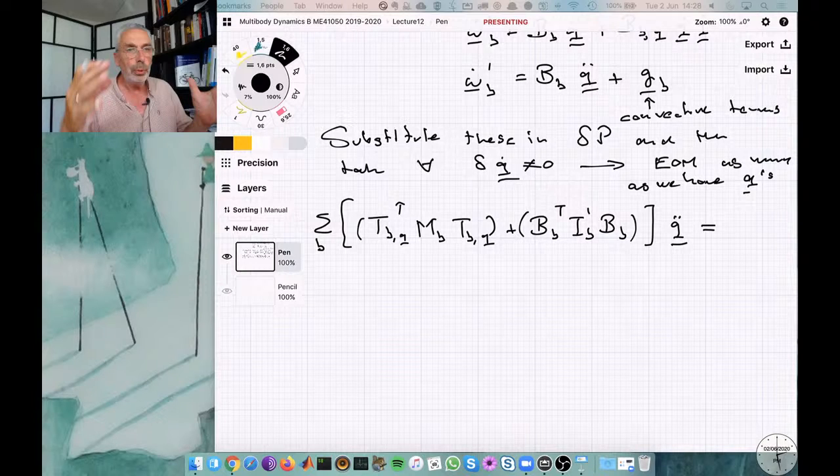And then of course we get a right hand side which becomes pretty complex. Again, that's the sum over all the bodies of, well, first of all we have the Newtonian part, which is again this transformation matrix, remember, T_B transposed, times the applied forces, F_B, minus mass matrix B times, and then we have convective forces, remember, because we need to express the acceleration, and there we have the convective forces.